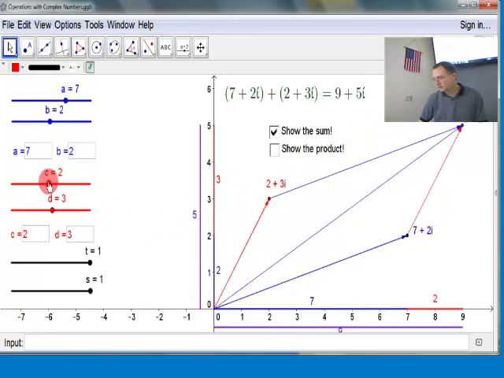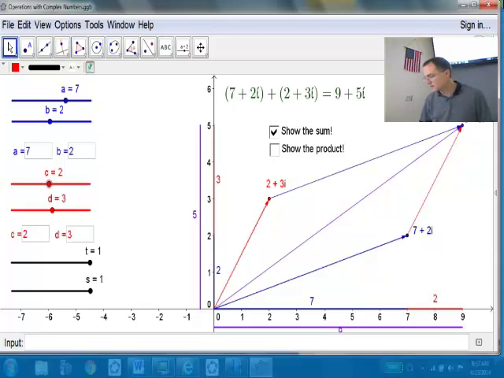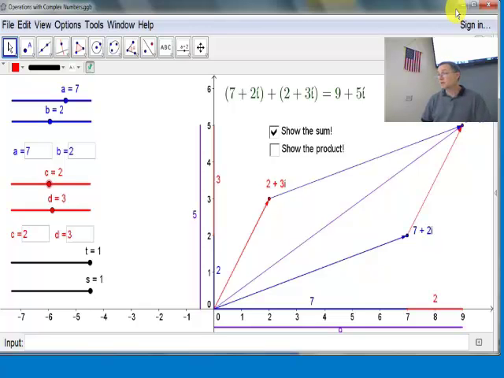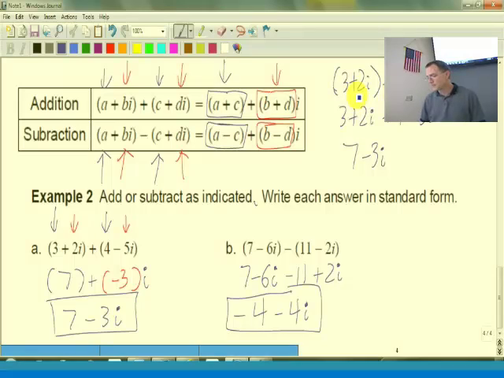If that's something like positive 2 plus 3i, and this is 7 plus 2i, then you get 9 plus 5i up there. You can draw that big long diagonal of the parallelogram, and that represents this complex number addition. So if we can't visualize imaginary numbers on the real number line, we can certainly visualize them in this XY plane.